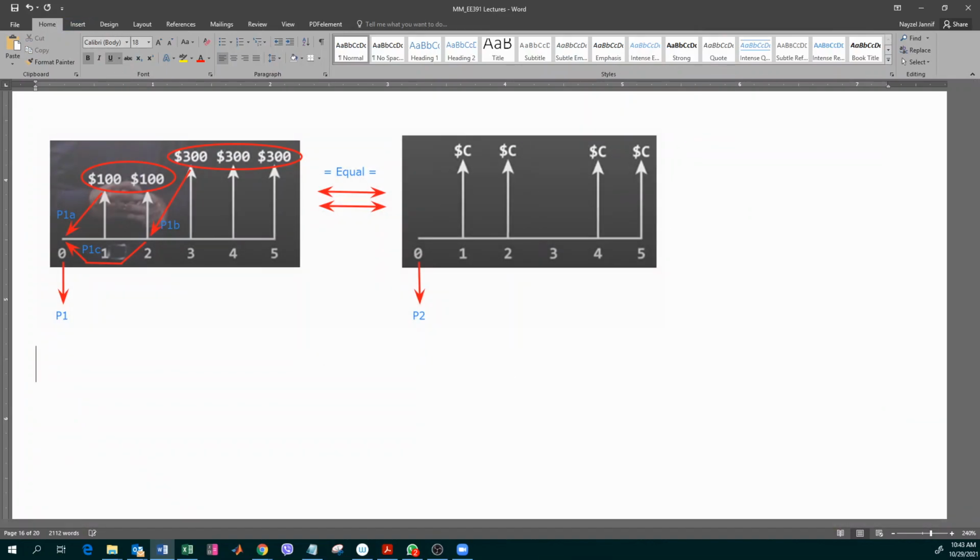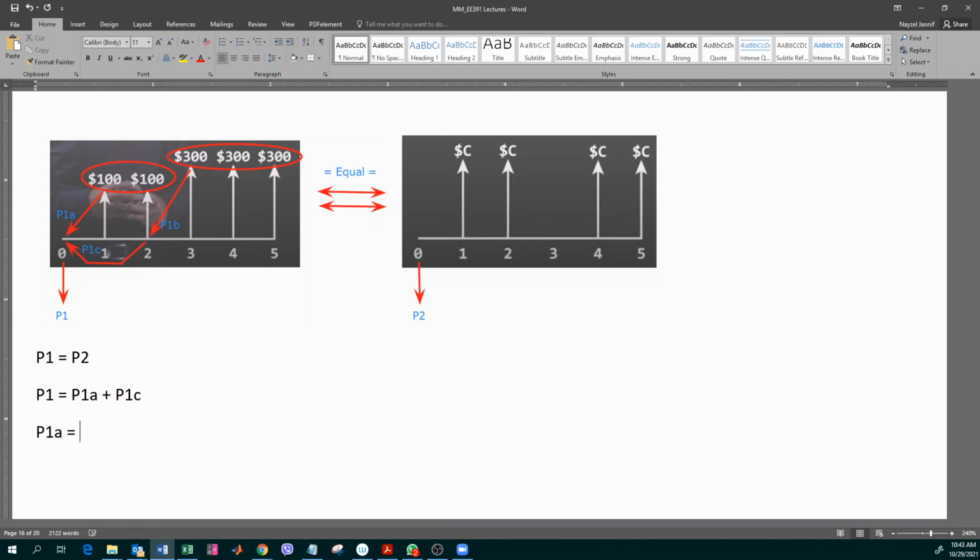We have to set P1 equals P2. Now, let us calculate P1. P1 equals P1A plus P1C. Now, what is P1A equal to?